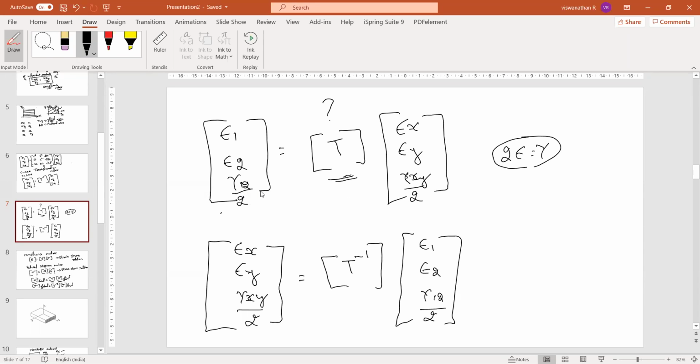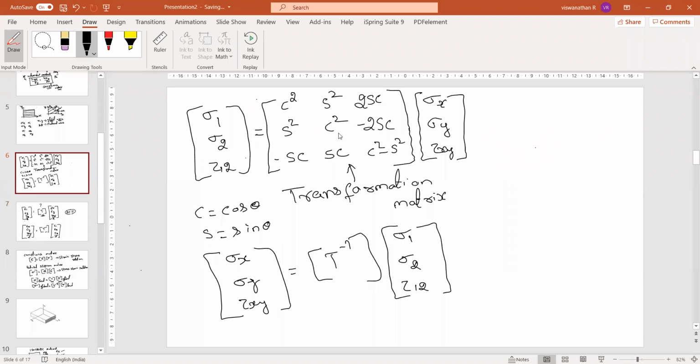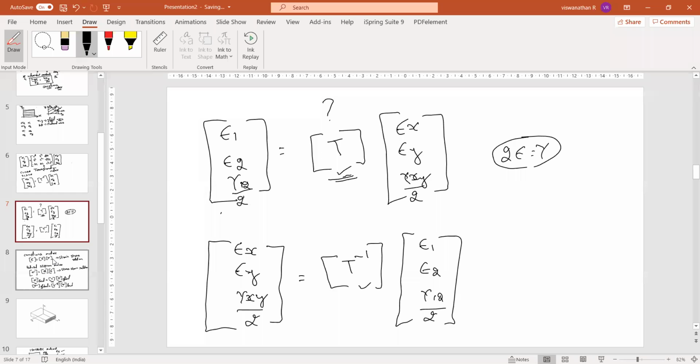Only when it comes to the strains is there some change over here. Other than that, this transformation matrix is the same thing, and the inverse transformation matrix is also the same thing you use for the stresses. The one which is defined over here, if you take this, it is the transformation; if you take the inverse of this, it is the inverse transformation. So practice these things with MATLAB.